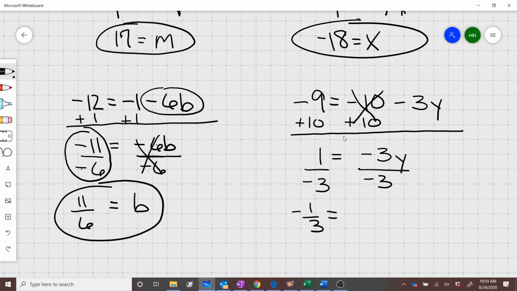On the right-hand side of the equal sign, the negative 3's cancel each other out, and we're left with a positive y. Good?